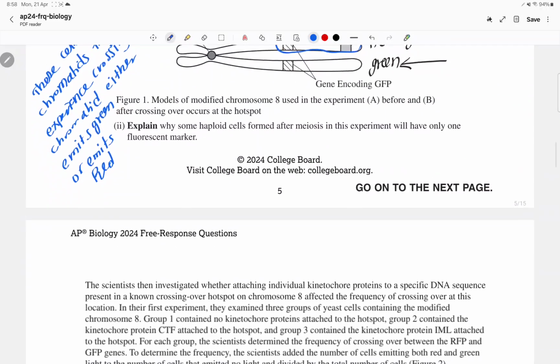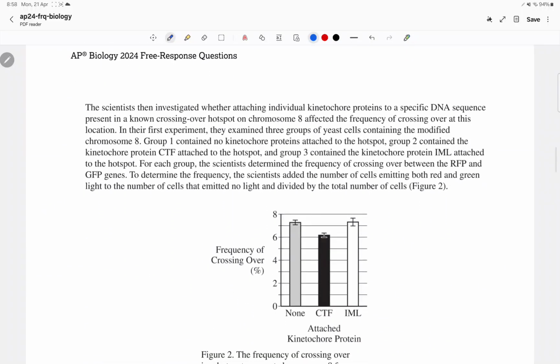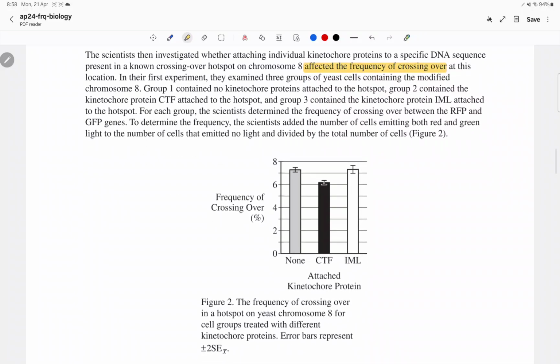Okay. The scientists then investigated whether attaching individual kinetochore proteins to a specific DNA sequence in a non-crossing over hotspot will affect the frequency of crossing over at this location. In their first experiment, they examined 3 groups of yeast cells containing the modified chromosome 8. Group 1 contained no kinetochore proteins.